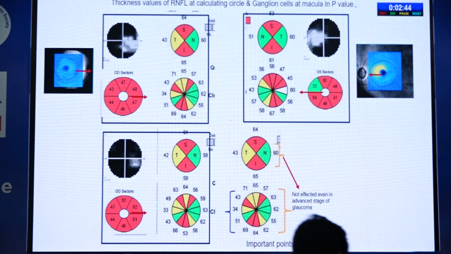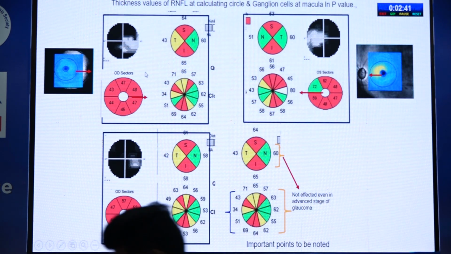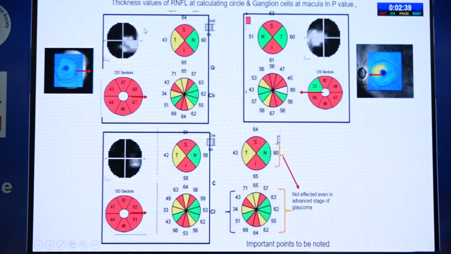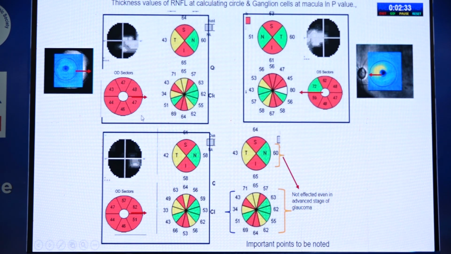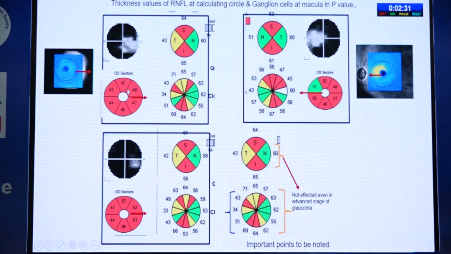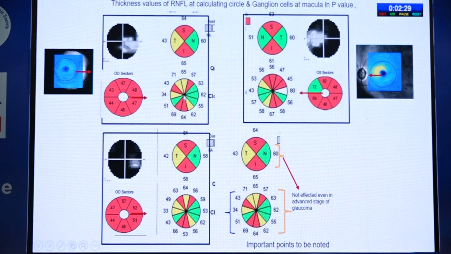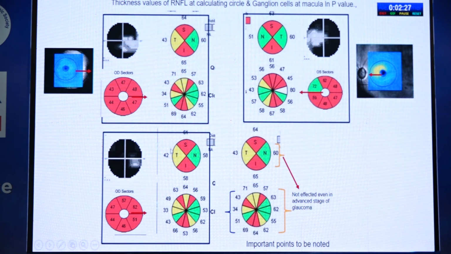For example, if you take these slides here, these are two patients where the sectorial GCC thickness has fallen to 47 and 46, and the patient has complete absolute scotomas. When the thickness is about 72, the patient does not develop much of a scotoma.